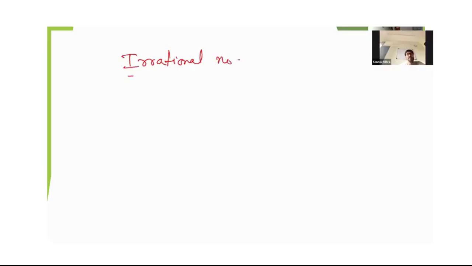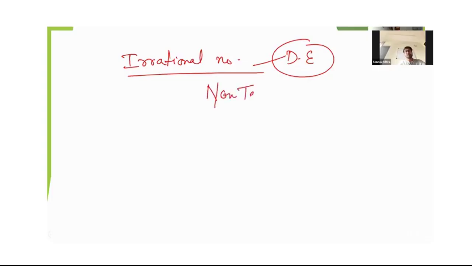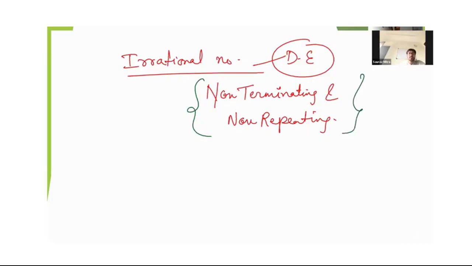Irrational numbers have their decimal expansion as non-terminating and non-repeating. Clear? So irrational numbers are categorized as non-terminating and non-repeating.